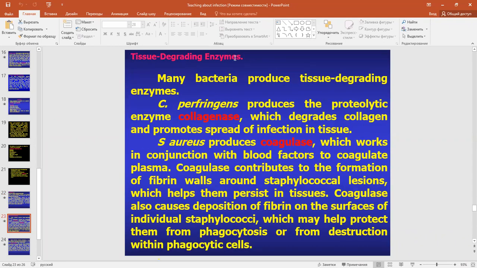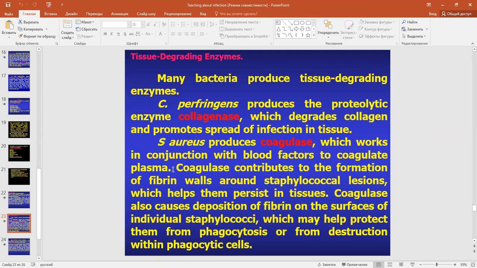Then, enzymes. Bacteria are able to produce tissue-degrading enzymes. Clostridium perfringens produces the proteolytic enzyme collagenase, which degrades collagen and promotes spread of infection in tissue. Staphylococcus aureus produces coagulase, which works in conjunction with blood factors to coagulate plasma.